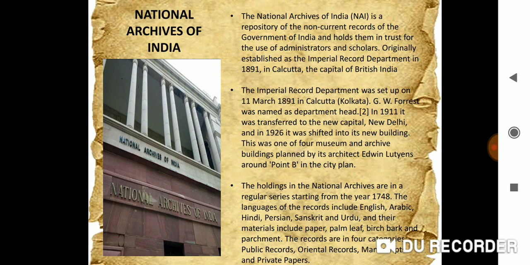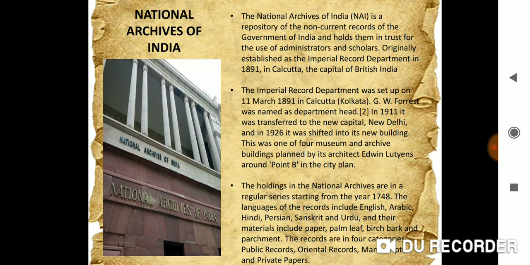For this reason, when they shifted their capital, they established 4 buildings. Among them, one is the National Archives of India, and the other 3 are today's Rashtrapati Bhavan, the Parliament House, and the North Block and South Block. So they first established the 4 buildings in New Delhi when they shifted their capital, and the architect was Edwin Lutyens.